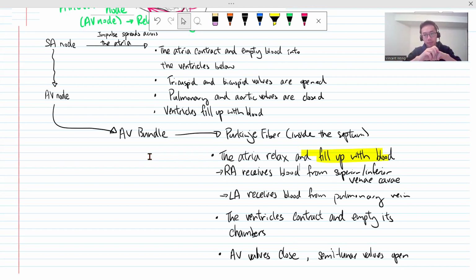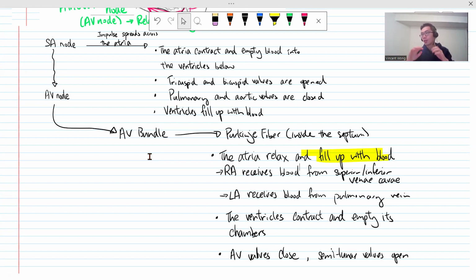So at the same time, when the atrium is open, the ventricle is closed? When we talk about the atrium and the ventricle, we don't say open or close. Atria and ventricles either contract, as in squeeze, or they relax. So when atria squeeze, ventricles must relax. And when it's time for the ventricles to squeeze, the atria are going to relax. Yes, I got it. Thank you.